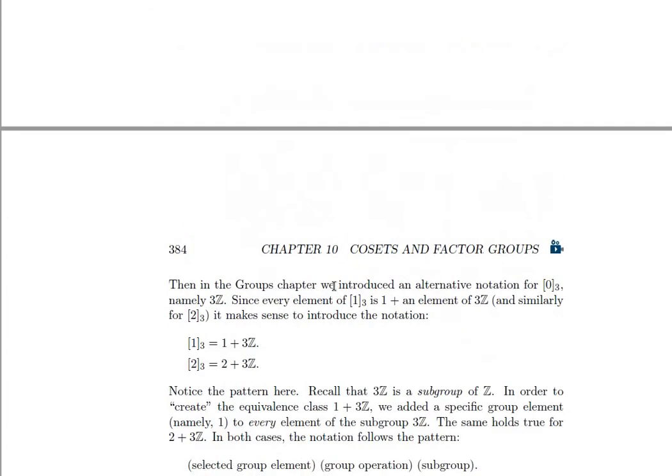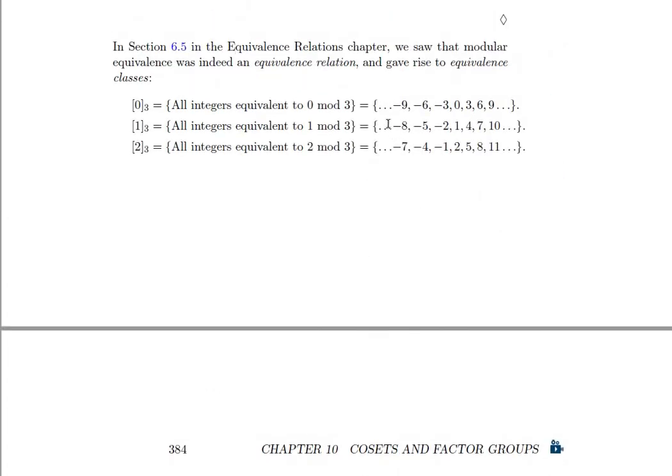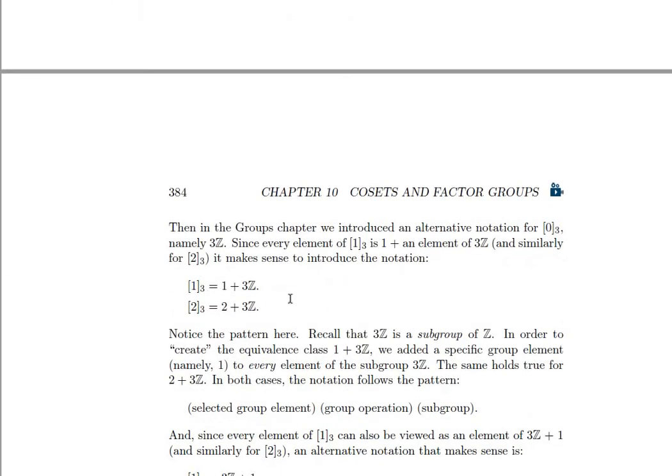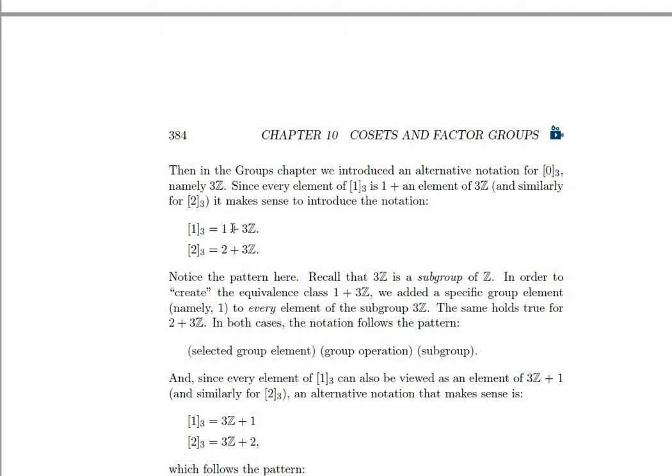Looking back, you can see that every element of this second equivalence class is 1 plus an element of the equivalence class of 0. Similarly, the third equivalence class is 2 plus some element in the equivalence class of 0. So this gives me a notation, 1 + 3Z and 2 + 3Z, for these two different sets, which are what we call cosets.